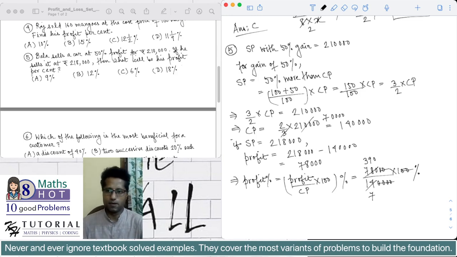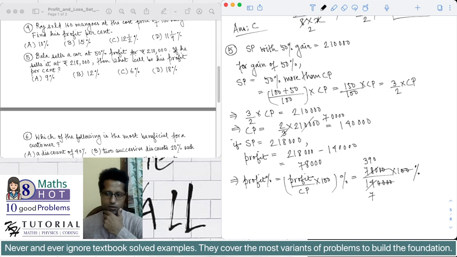This is equal to 2,10,000. From here we find CP is equal to 2 by 3 multiplied by 2,10,000, which is 1,40,000.